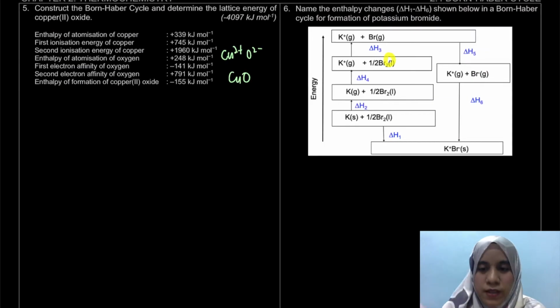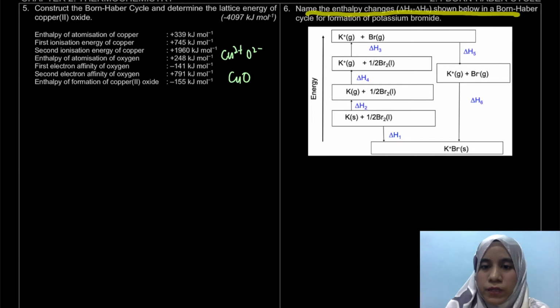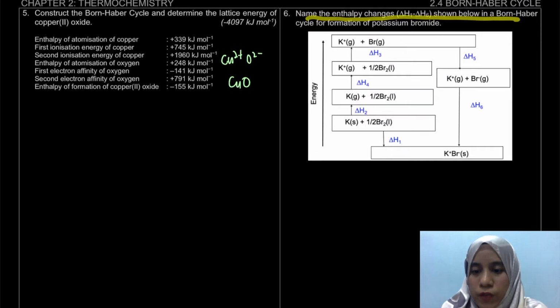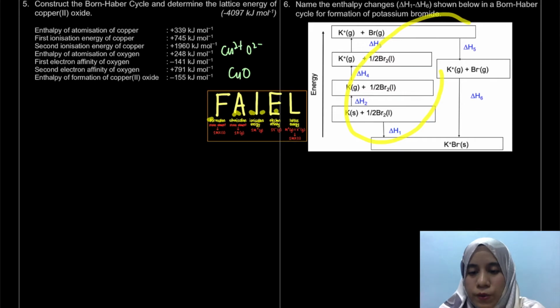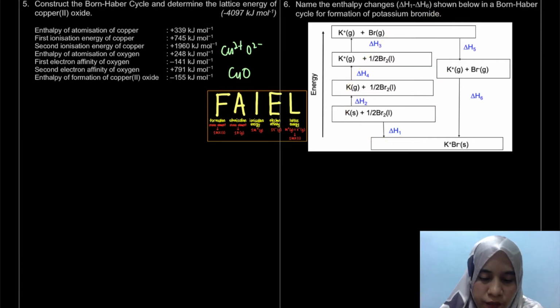So we just accept it. Okay, so for this example, they ask you to name the enthalpy changes shown below in the Born-Haber cycle for the formation of potassium bromide. Right now we have to determine which one is which. So let's look first. I'm going to highlight the differences first.